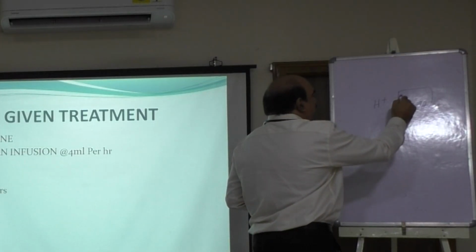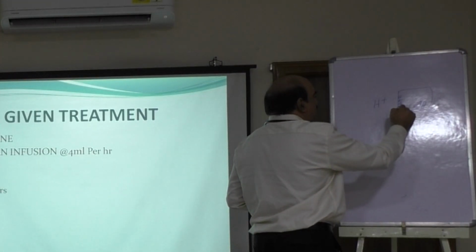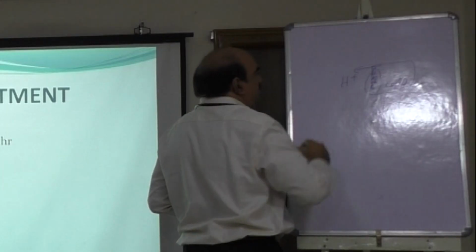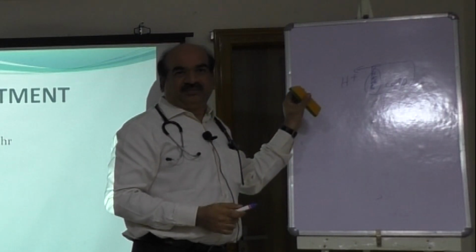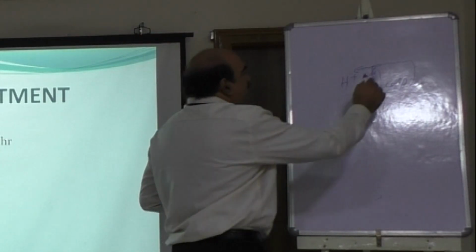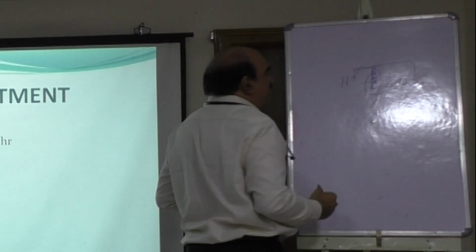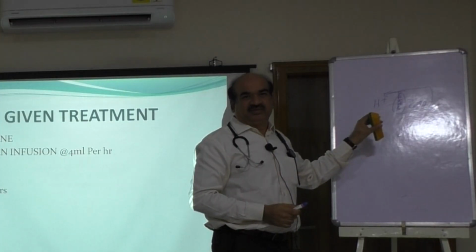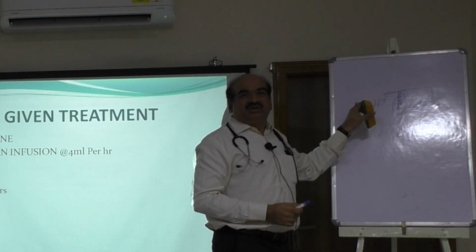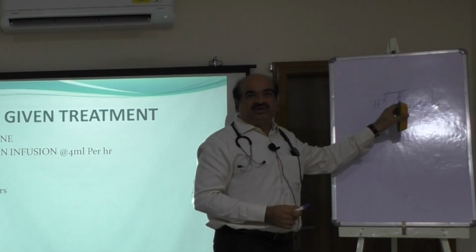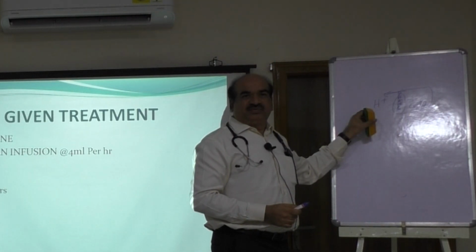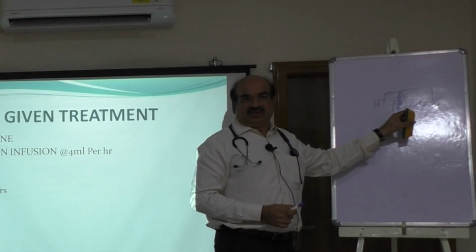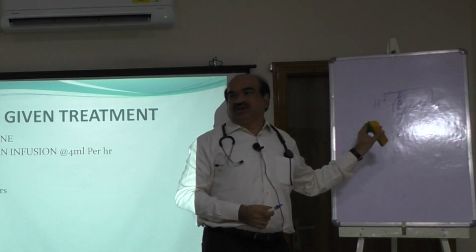Then with the action of hydrogen potassium ATPase, more hydrogen ions come out of the cell, so there will be more potassium entry into the cell. With the action of hydrogen potassium ATPase in alkalosis, with fewer hydrogen ions, more hydrogen ions come out from the cell and potassium enters the cell. That is because of hydrogen potassium ATPase action.